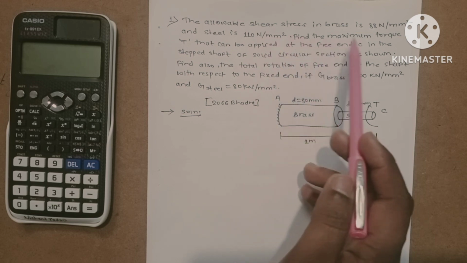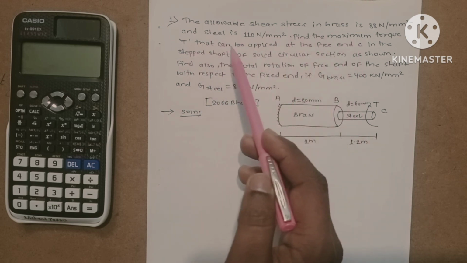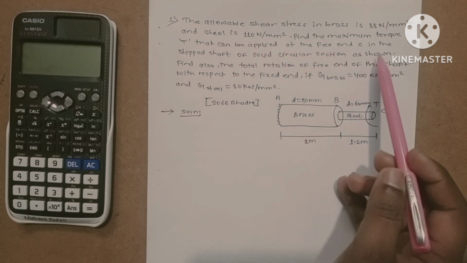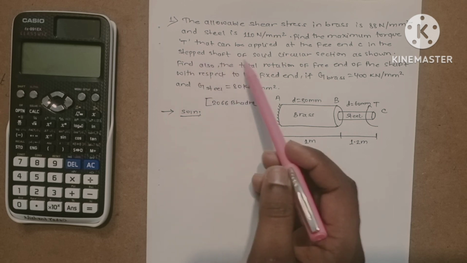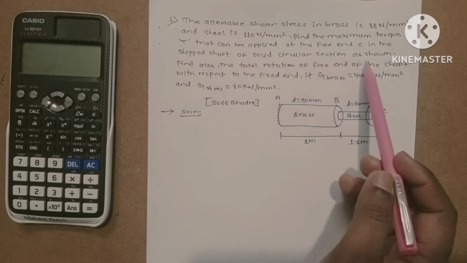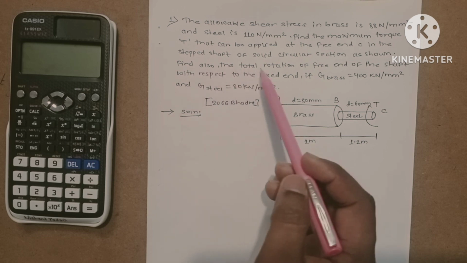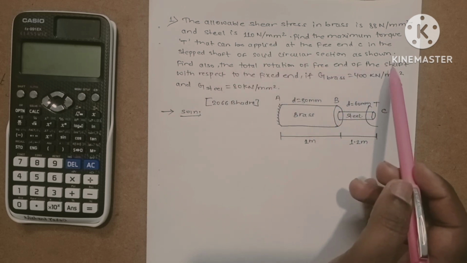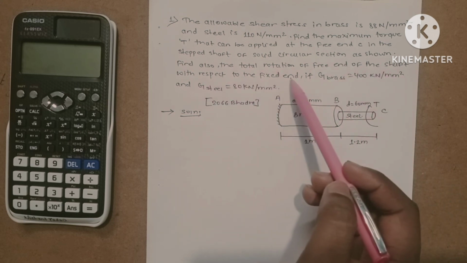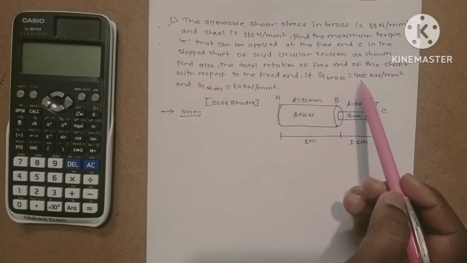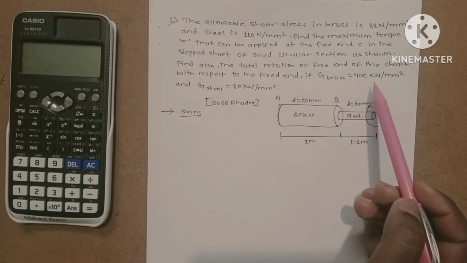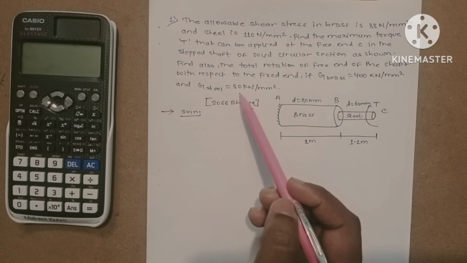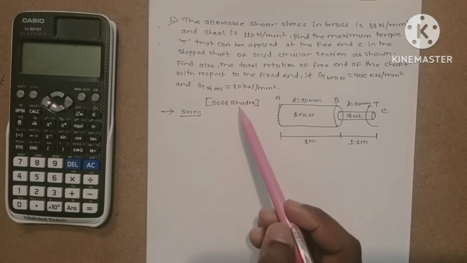Find the maximum torque T that can be applied at the free end C in the stepped shaft of solid circular section as shown. Find also the total rotation of the free end of the shaft with respect to the fixed end if G brass equals 400 kilonewton per millimeter square and G steel equals 80 kilonewton per millimeter square.